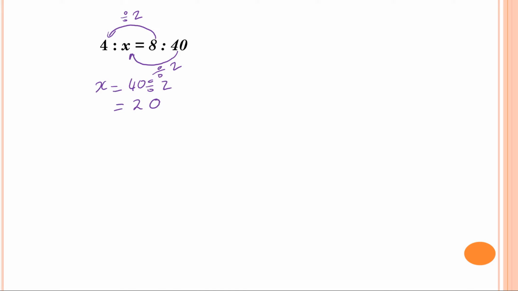Now, sometimes with these kinds of questions, it's not so obvious. You cannot always have the nice number, which is a common factor or multiple of a number. Sometimes it's decimals and fractions and things like that.